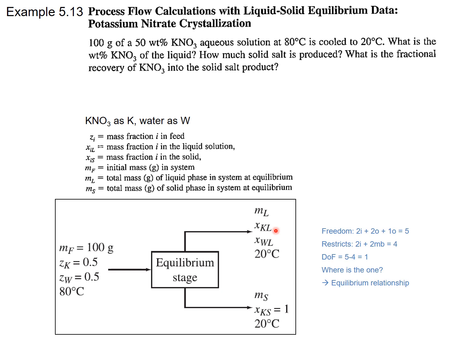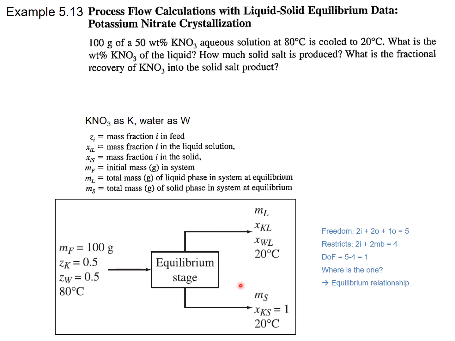Let me check the degree of freedom. Input is two inputs, right? I mean the flow rate of K and flow rate of W. And how about the output? Two outputs and one output. So totally 5 freedoms are there.